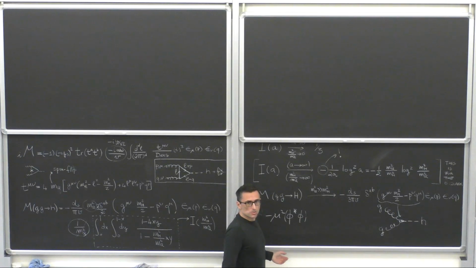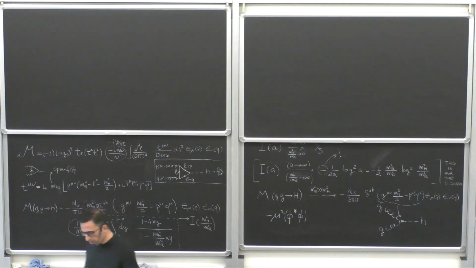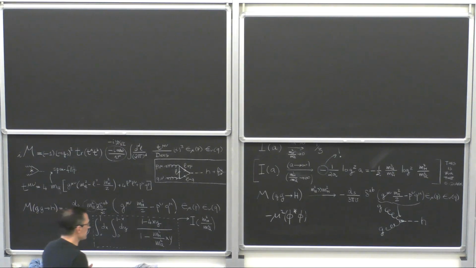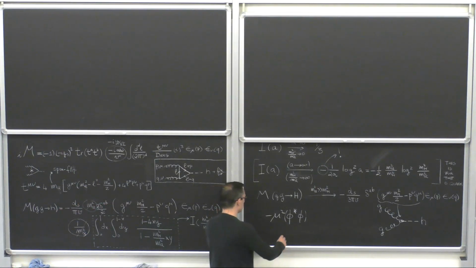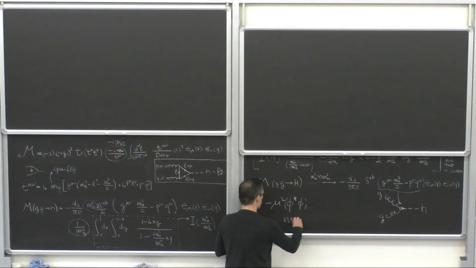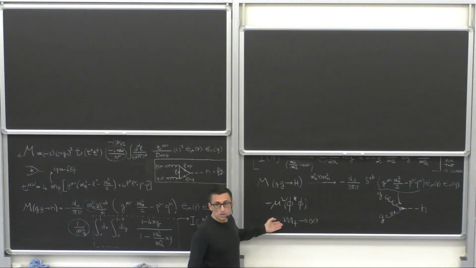So there is only one scale. Now, if you look at the Appelquist-Carazzone decoupling theorem, it tells you that to have decoupling, you have to send a dimensionful parameter to infinity. So when I say that I send the mass of the top to infinity, I have to say what I'm really doing.